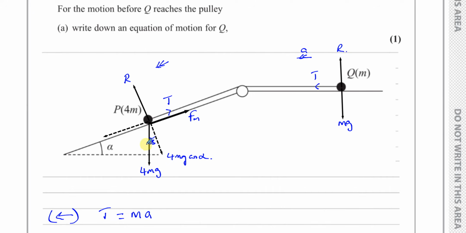And if you resolve this force parallel to the plane, it is 4mg sine alpha. Now I've resolved these forces parallel and perpendicular to the plane, and the force diagram is ready for me to answer part B, which I'll show on the next page.